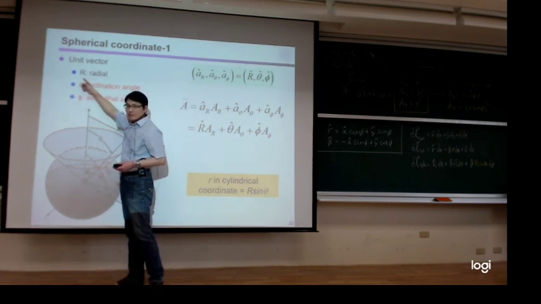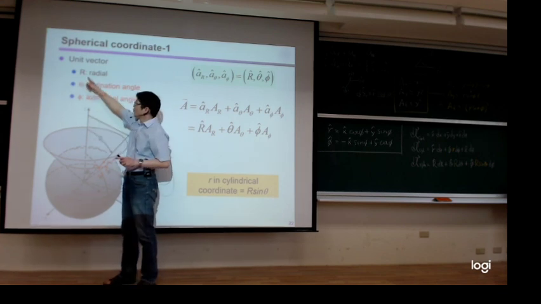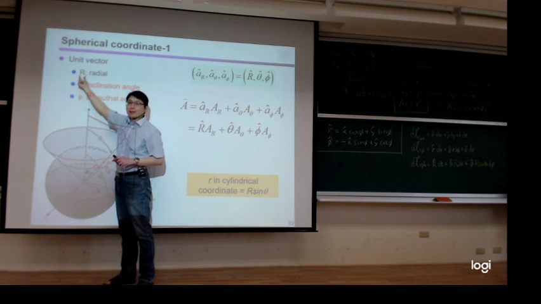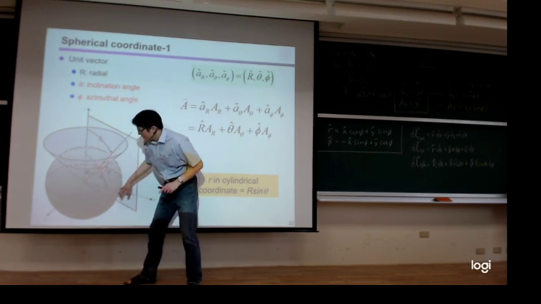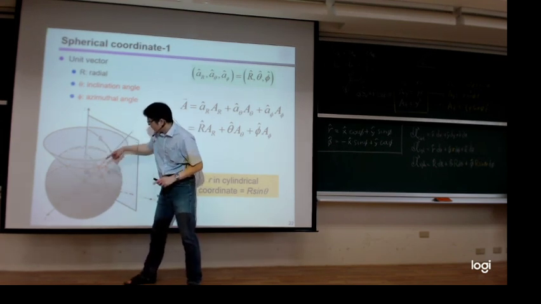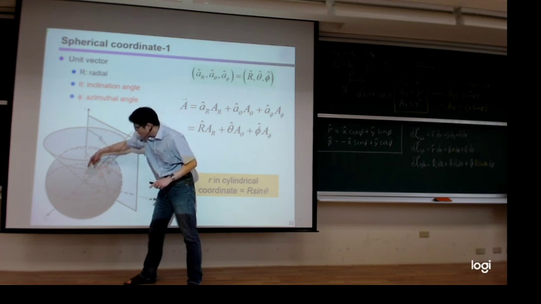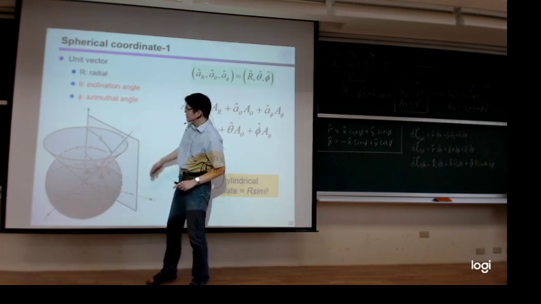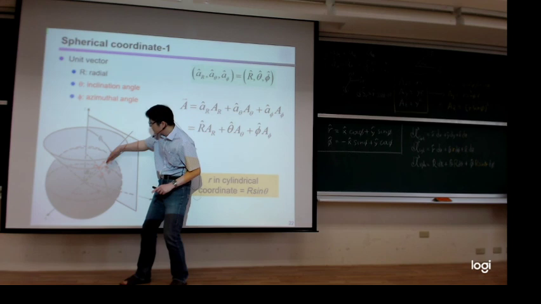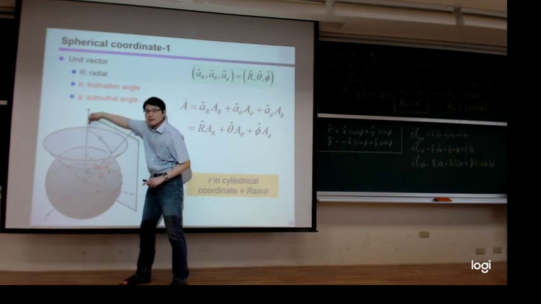Okay. Now, as you can see, the radius in spherical coordinate, I like to use the capitalized R letter. So, any point on a spherical surface, I can define using a well-defined radius and then the inclination angle. So inclination angle is your radius to z axis.